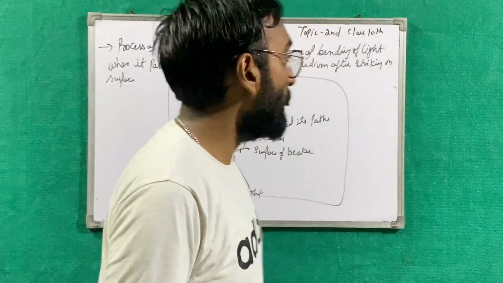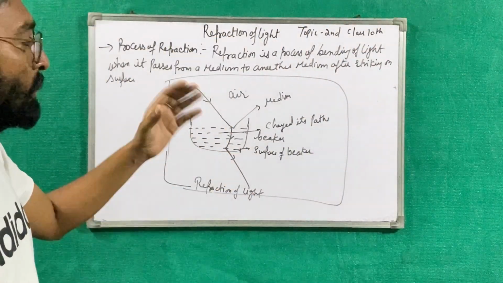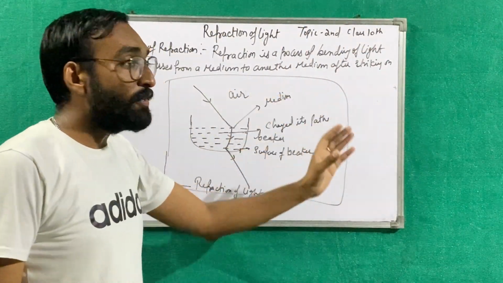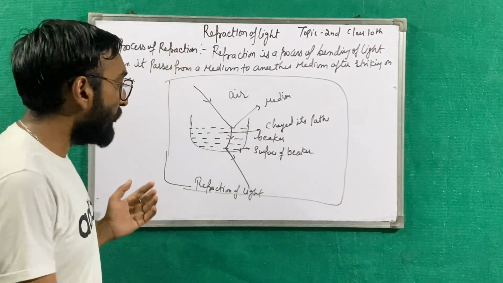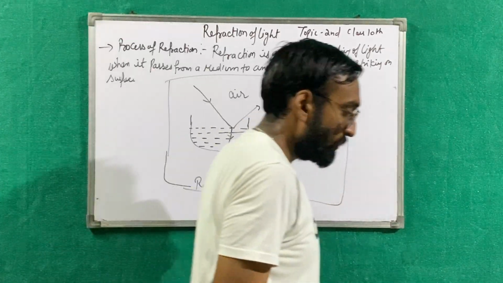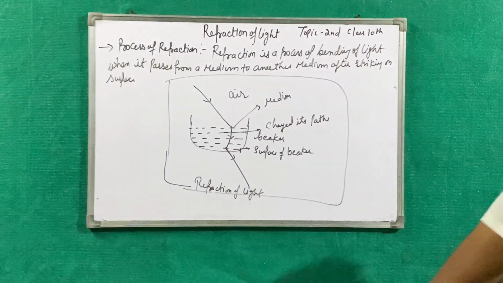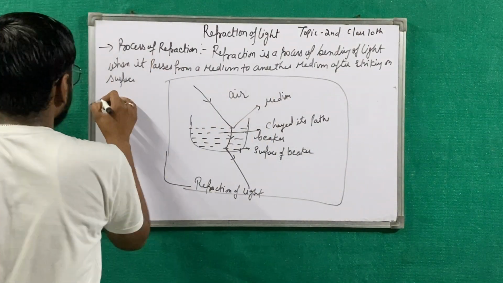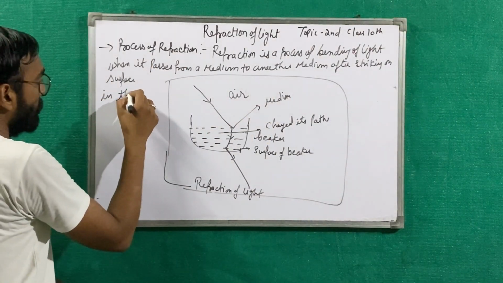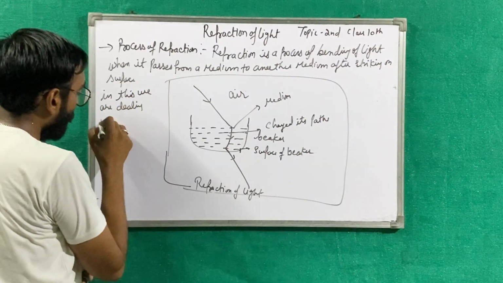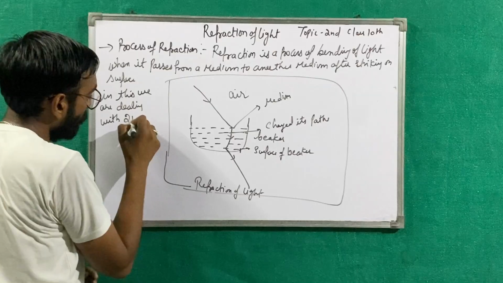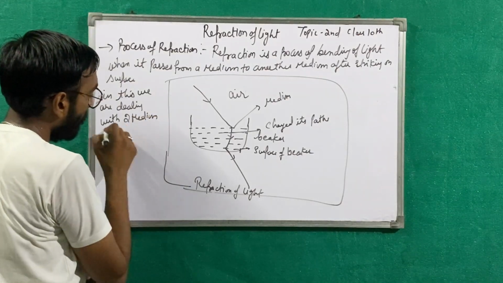Refraction of light, simply, is a process of bending of a light ray toward the normal, and that is called refraction of light. This is purely a process in which two mediums are involved.